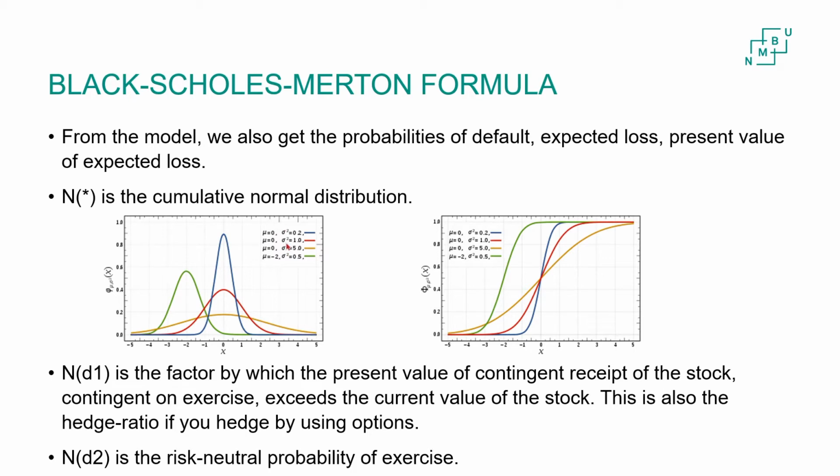What we are using here is the mean 0, variance 1. That's the red probability distribution.